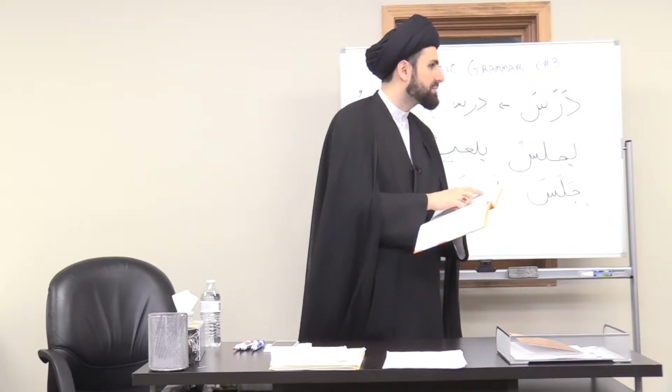Why? لأن كلا منها يدل على عمل في زمن خاص. Because each of them indicates that an action is happening. That's how we know it's a verb, because an action is occurring. أغسلوا, wash, an act of washing. ألبسوا, to wear, an act of wearing. These are all verbs and acts.